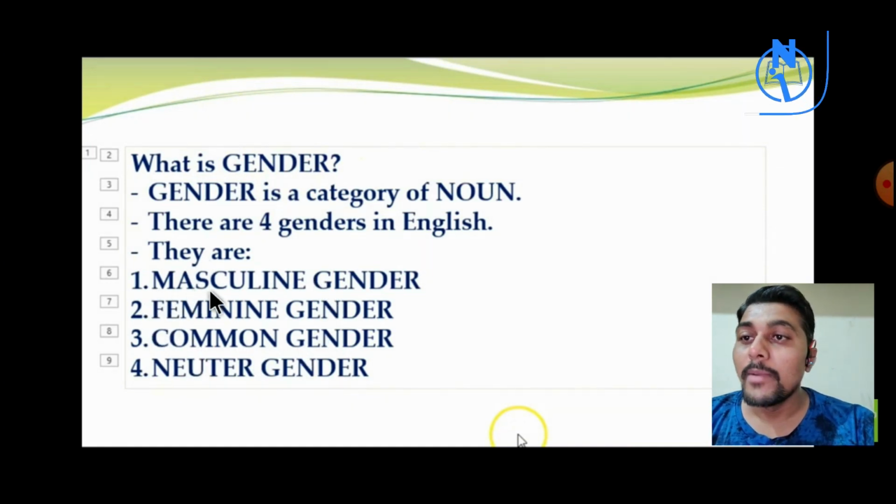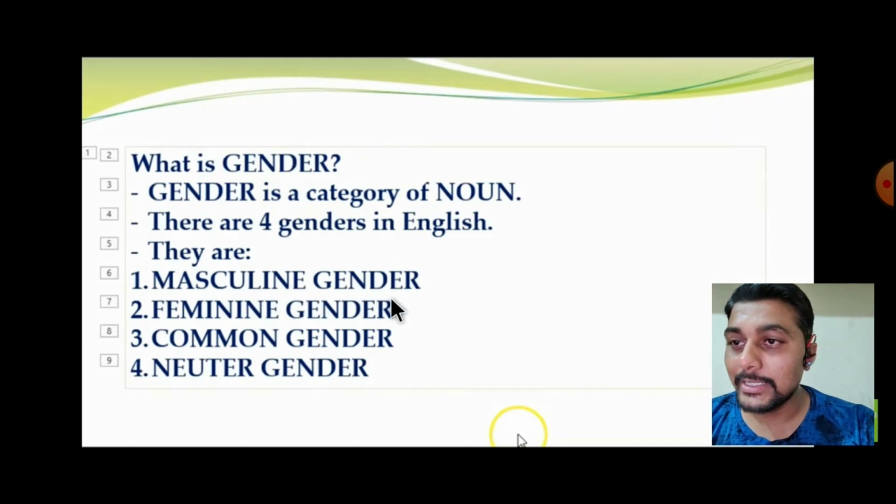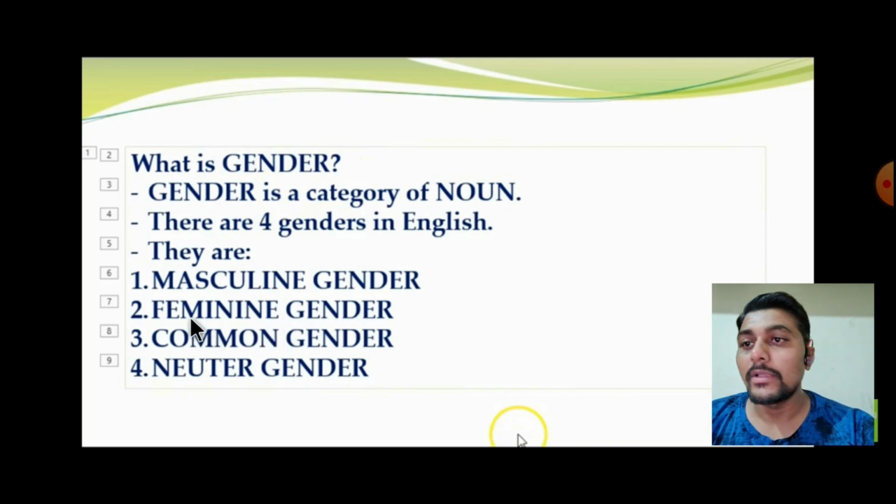First one is masculine gender. Second one is feminine gender. Third is common gender. And fourth one is neuter gender.